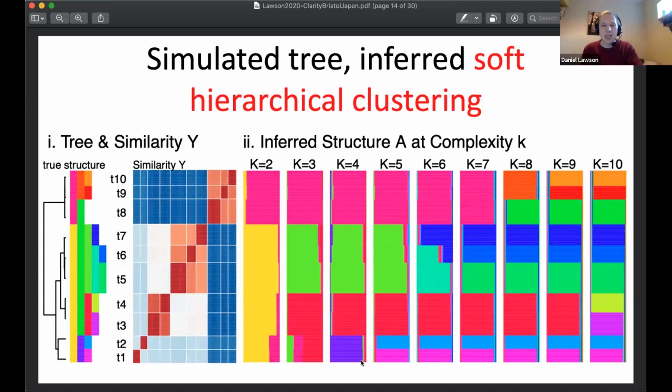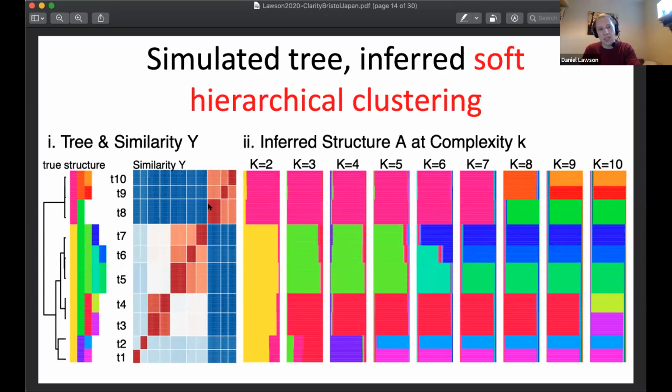The reason is that if the truth of some data set is reasonably close to a hierarchical clustering, then this allows us to perfectly capture that hierarchical clustering, and it allows us to capture richer true structures as well.